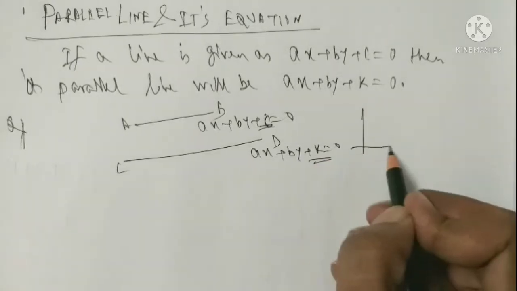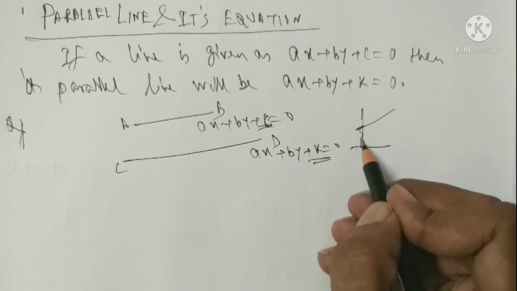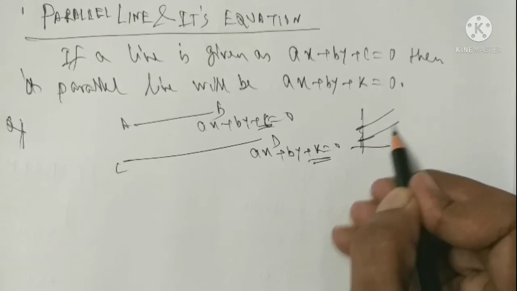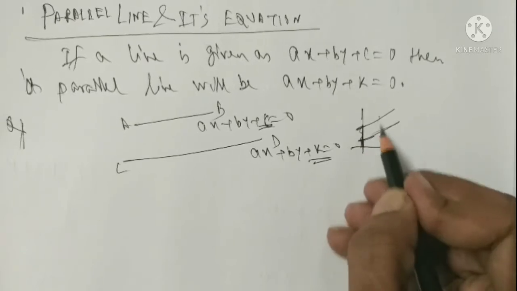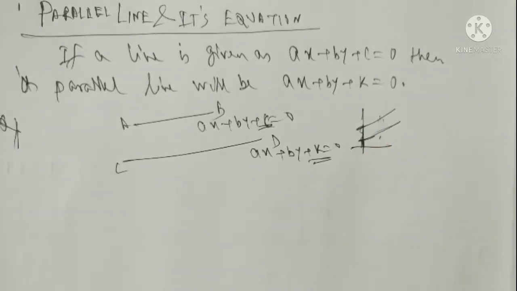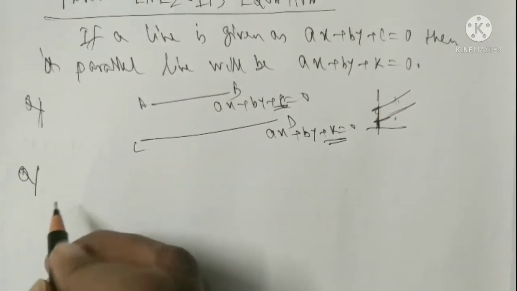If I draw the figure, this is y equals m1x plus c1, and this is also y equals m1x plus c2. This is c1, this is c2. They are parallel lines. Now a problem will be discussed here.